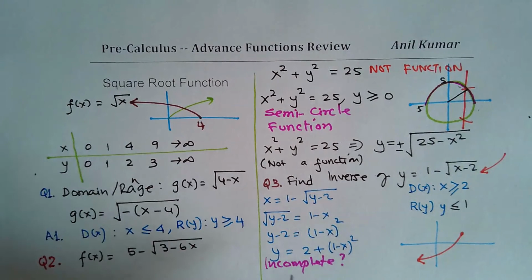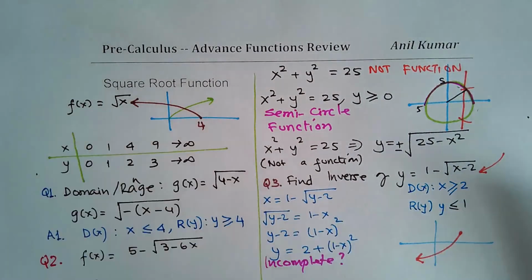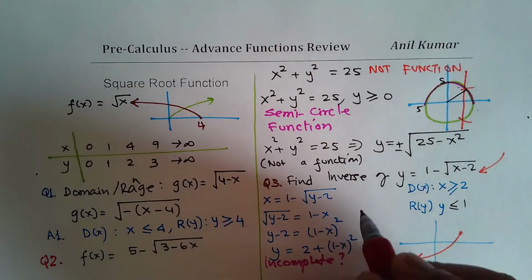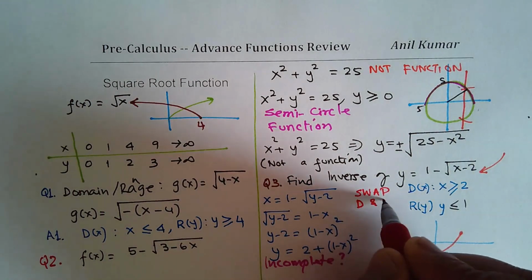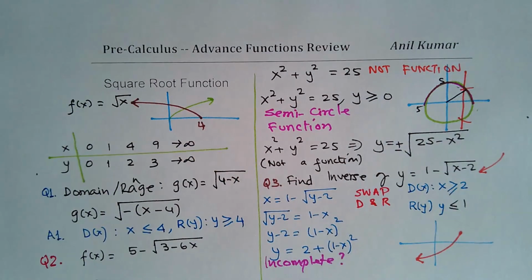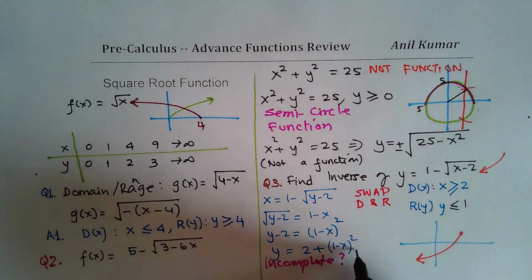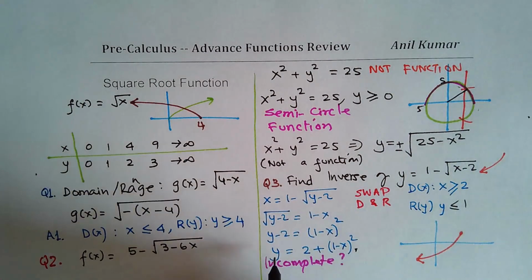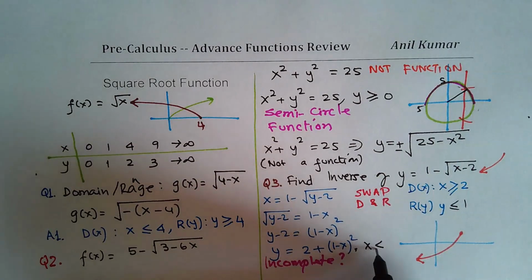Now when you write the inverse of a function, domain and range swap. Do you get the idea? So what I'm trying to say here is swap domain and range. That is very important. So that means in the inverse function, you have to say that y equals 2 plus (1 minus x) squared, where x is what? x is this value: x is less than or equal to 1.